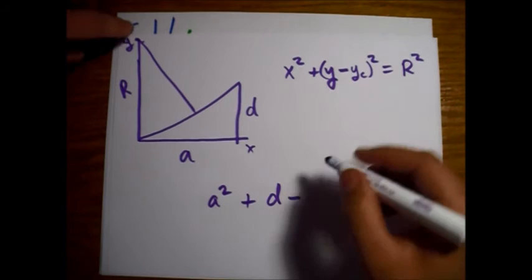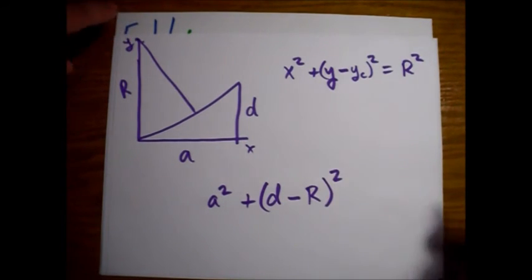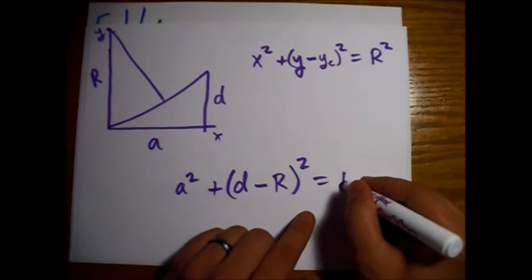So y sub c is equal to big R, squared, okay, and that's equal to R squared.